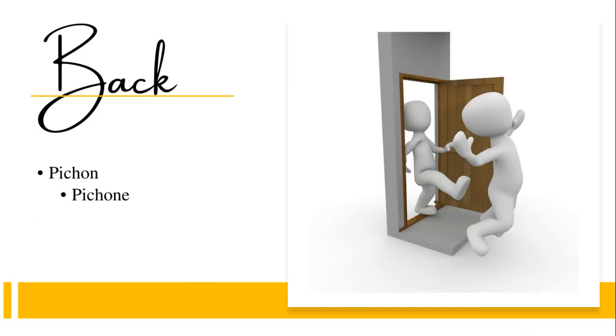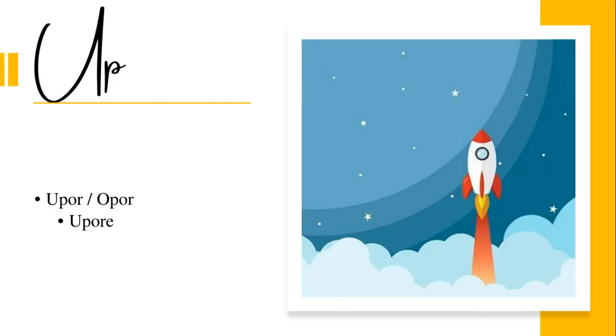Back is pichon, and to the back is pichone. Up is upor or opor, we can have both spellings and both pronunciations depending on whether you are following the old text or new text, and both of them are still in use.